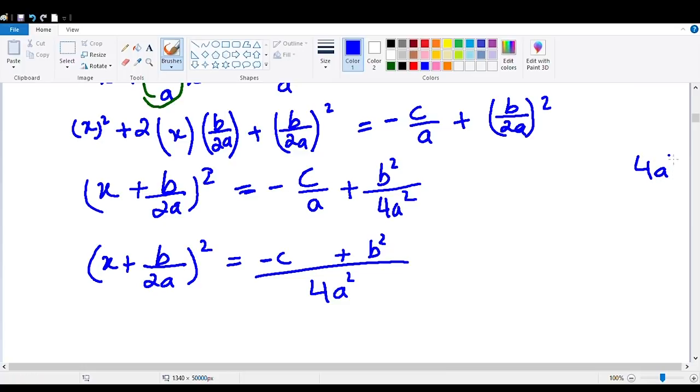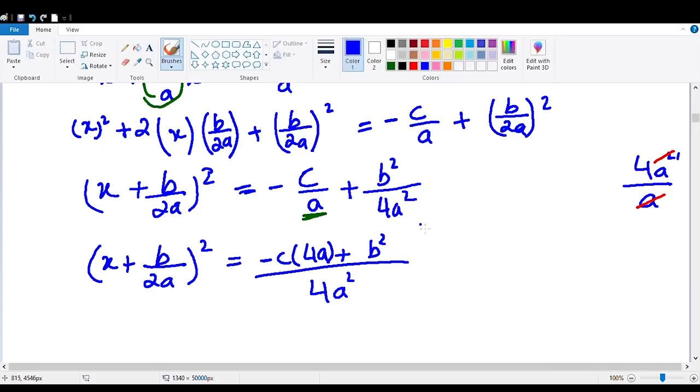Now we're going to divide both of these denominators one by one by the LCM, 4a squared. When we divide the first denominator, which is a, the a cancels out with the a in 4a squared, and you're left with 4a. So 4a will multiply with minus c.